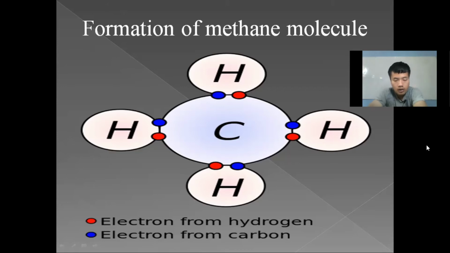So in the formation of methane, carbon shares 1 electron with each of the 4 hydrogen atoms. When it shares 4 electrons with 4 hydrogen atoms, it becomes stable and a methane molecule is formed. And this is also a covalent bond.